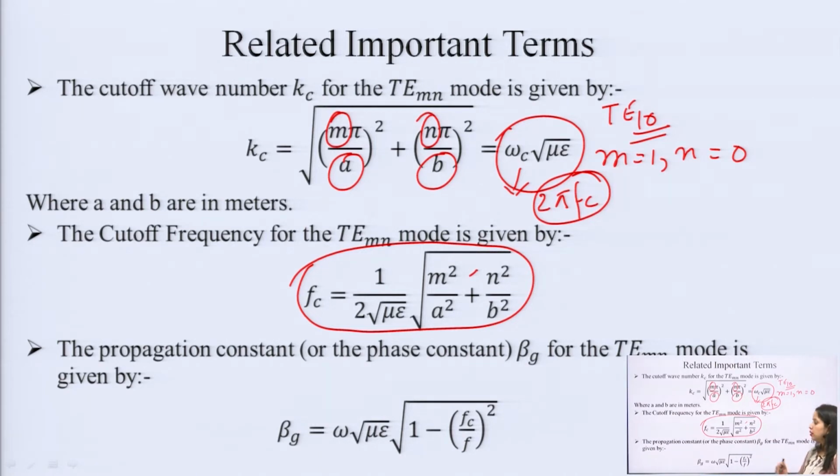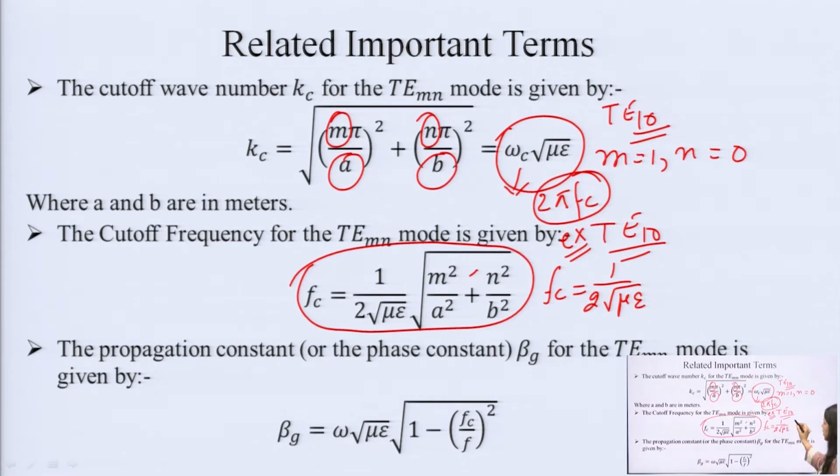Now comes the propagation constant. But first, let us do the calculation for the dominant mode, the most important TE mode, that is TE10. Fc is equal to 1 by 2 under root mu epsilon, and with m equal to 1 we get 1 by a square, and the n term will be equal to 0.